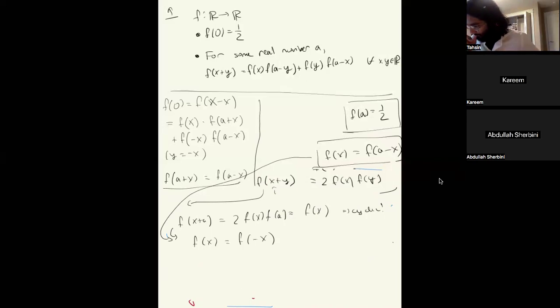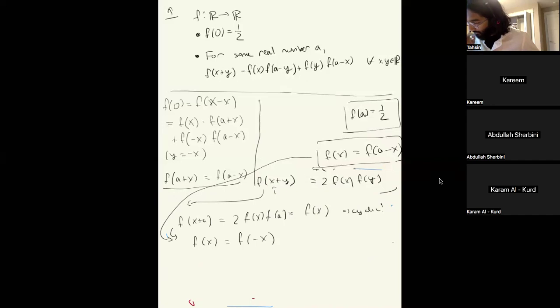Let's see, we can plug in x and minus x and get f of 0 equals 2 f of x squared. Okay, so we plug in x and minus x.